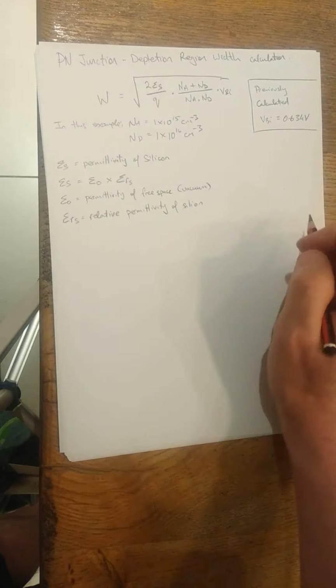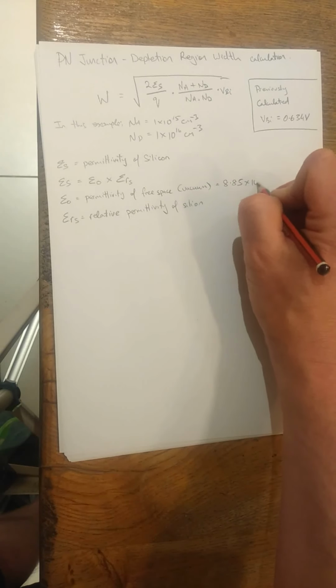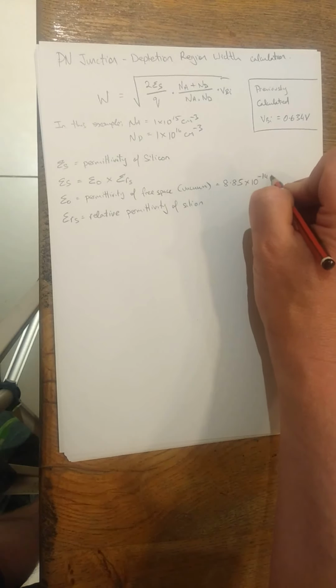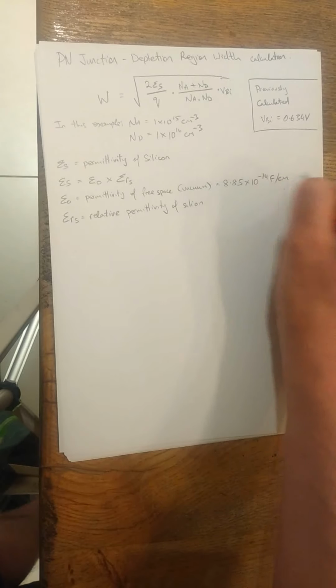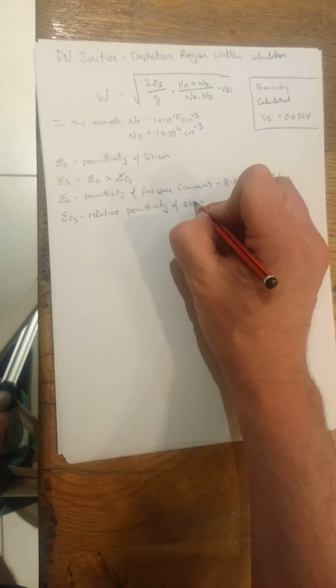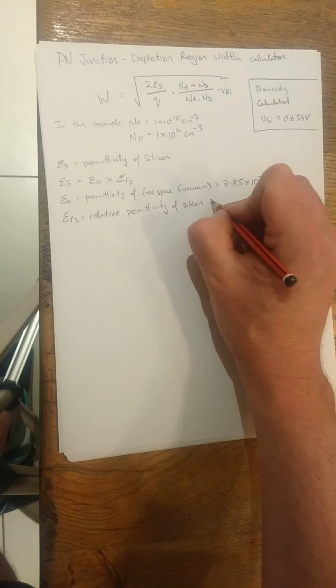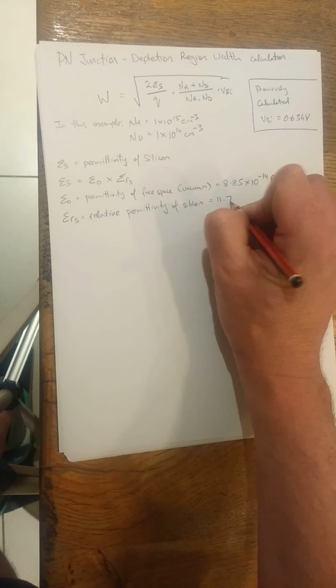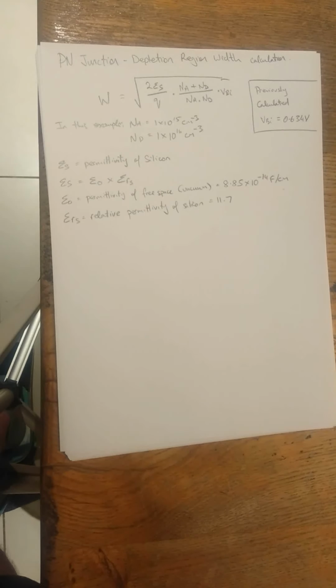Now, what does that mean? This epsilon 0, the permittivity of free space, is equal to 8.85 by 10 to the power of minus 14 farads per centimeter. The relative permittivity of silicon is equal to 11.7. So what does that mean?